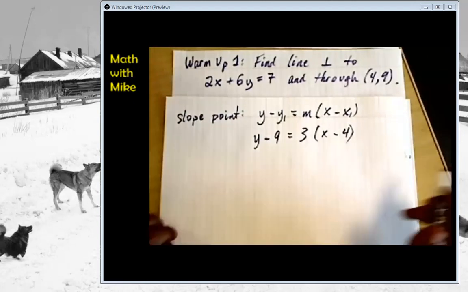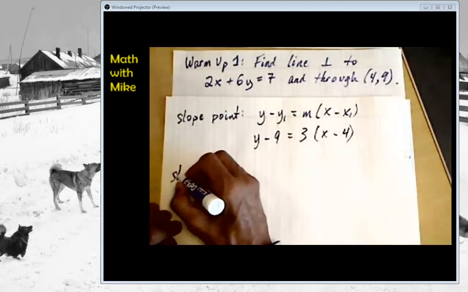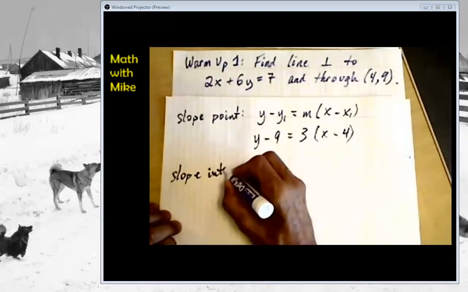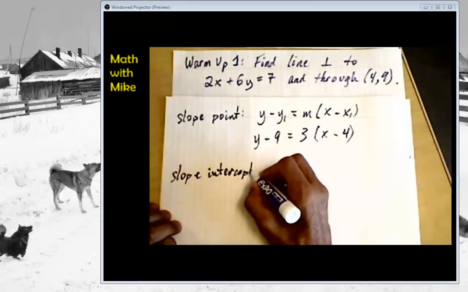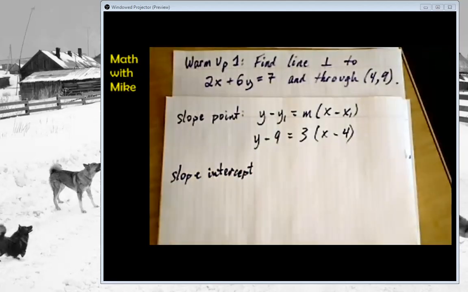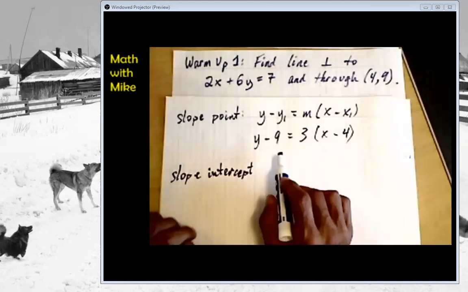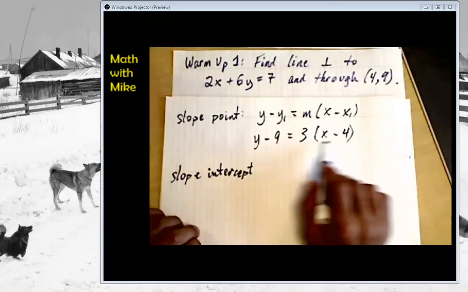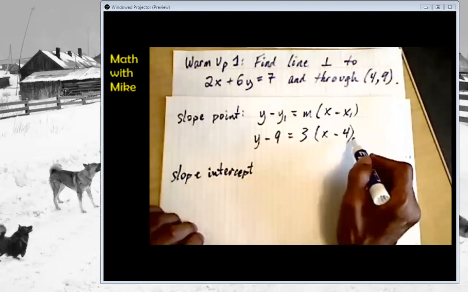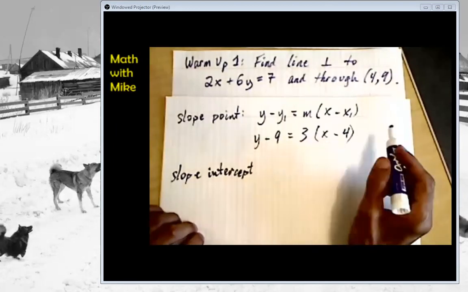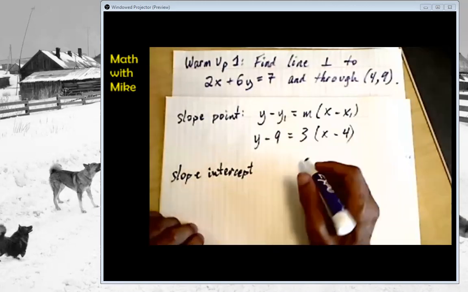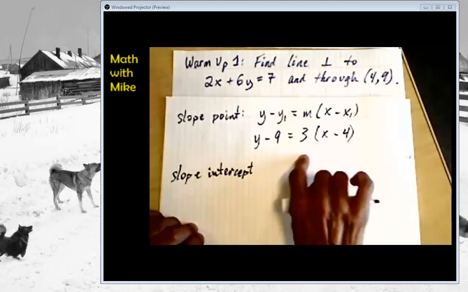Now, if we wanted to find the slope intercept, we could do what we did last day, so you can go take a look at that. I'm going to show you this today. Because we have the slope point already, what we can do is multiply the 3 through to get y by itself.